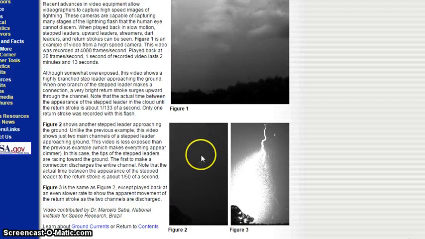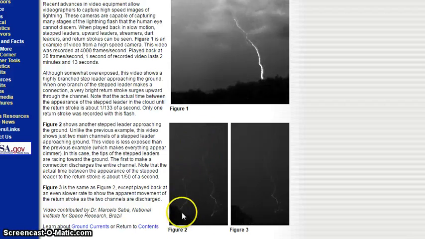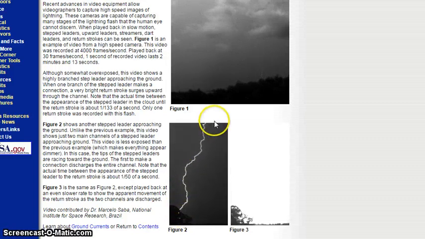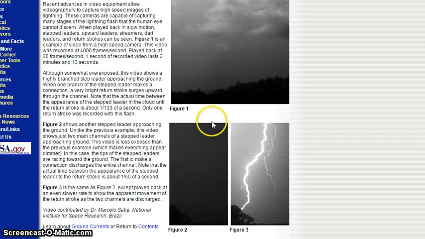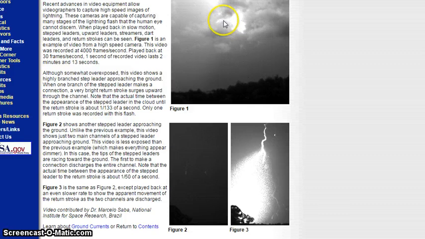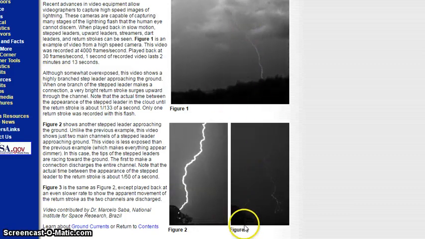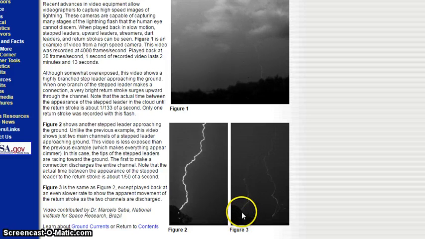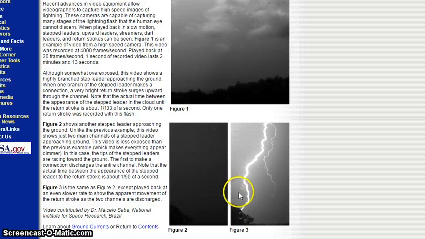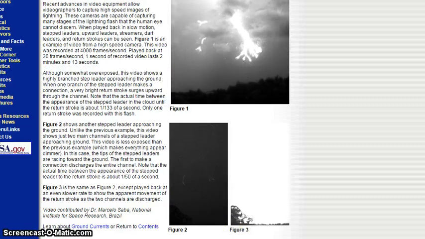So we can see here in figure 2 these step leaders coming down to the streamer right there, and that return stroke, that's the bolt of lightning. Okay, and again here in figure 1 you can see the same thing happening with that bolt coming from the ground up. Figure 3 does a nice job of showing this as well. You can see the bolt going up and then back into the cloud, and it's again moving from the ground up to the cloud.